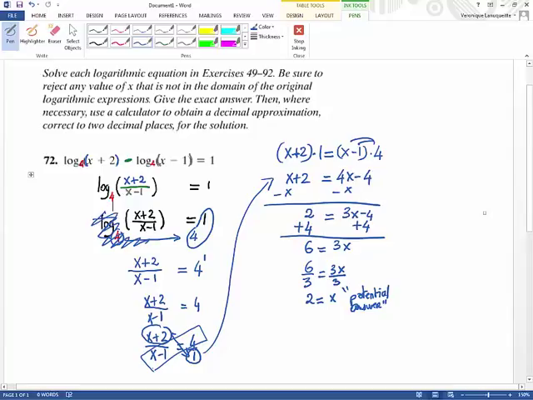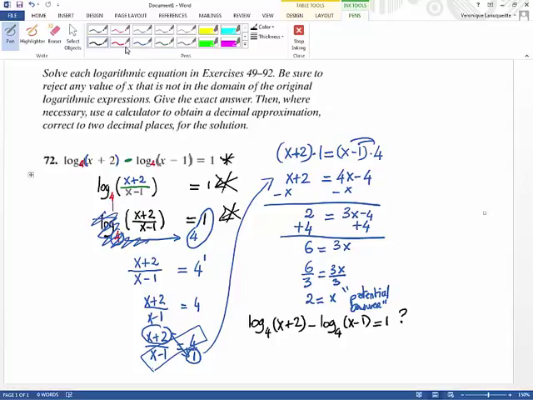I should not assume anything about this answer until I plug it in to make sure that it checks in the equation that's given to us. So if you take the original equation, do not take anything in between over here. No, just go back to the original equation given to you. So we have log base 4 of x plus 2 minus log base 4 of x minus 1, is that equal to 1?